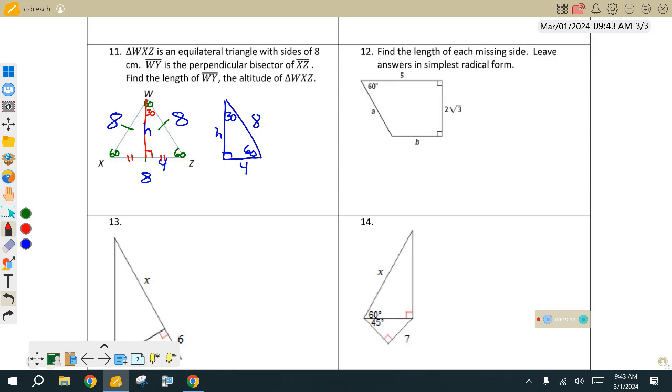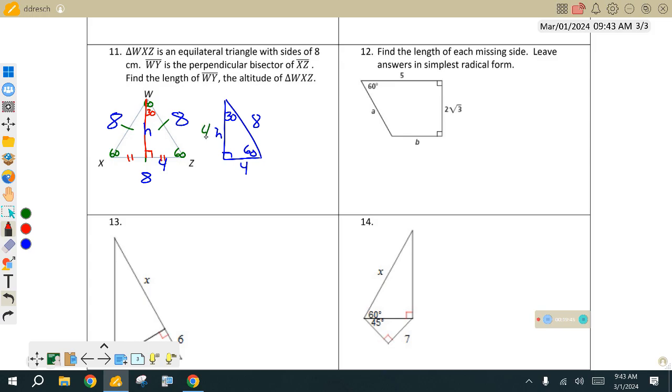The 4 is my short leg, right? And that height turns out to be across from the 60. And as you guys said quickly, it is 4 root 3. That turns out to be representing the side of the equilateral, which also represents the hypotenuse of that 30, 60, 90. So, yeah, 4 root 3.